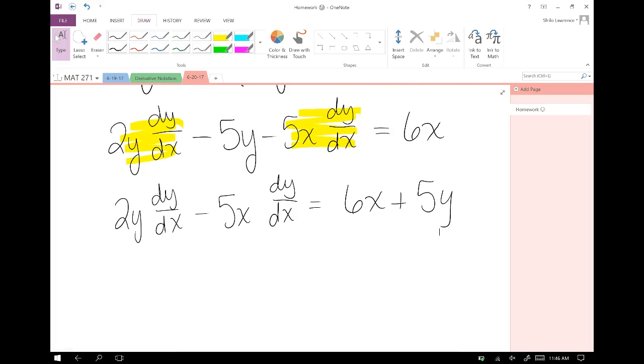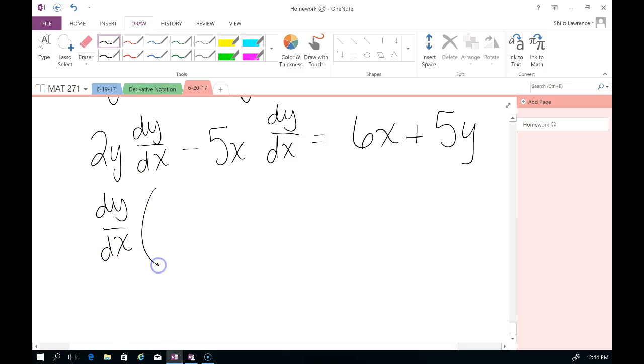So now everything on the left has a dy dx, so we can factor it out. So what do we have left over when we pull out the dy dx from the two terms on the left? If we pull out dy dx, we'll have 2y left in that first term, and we'll have minus 5x left in the second term.